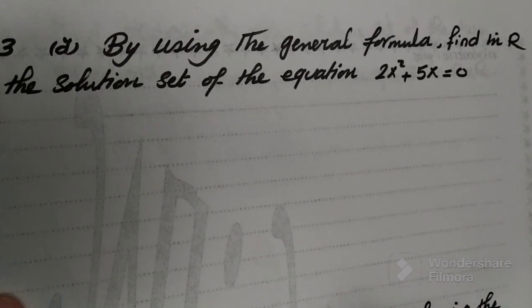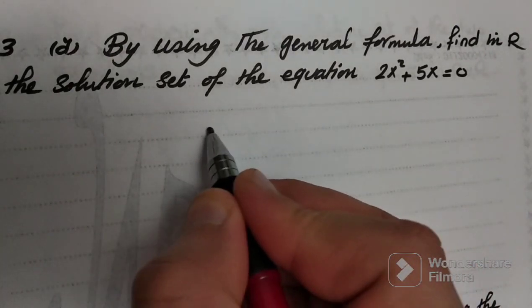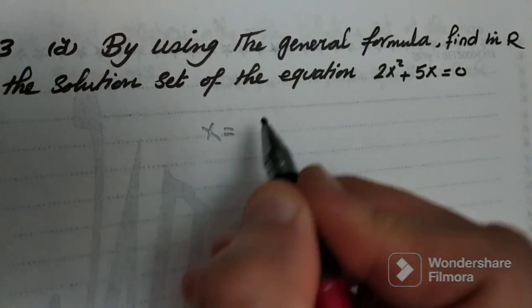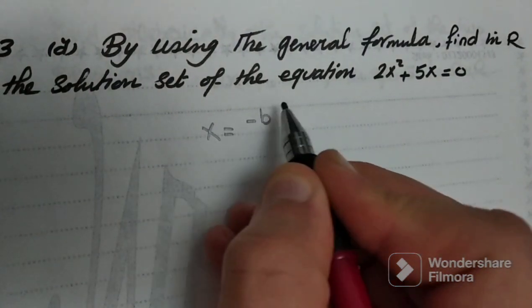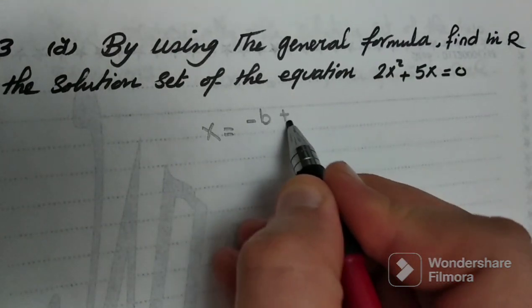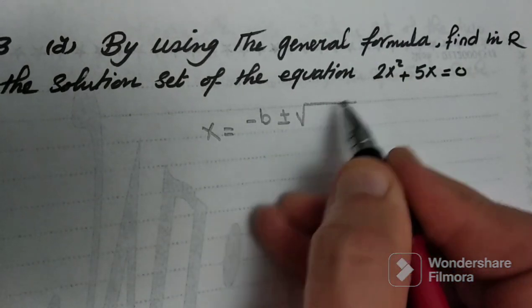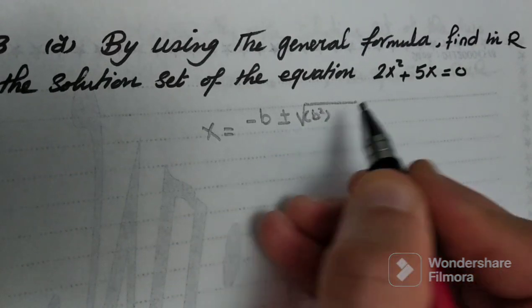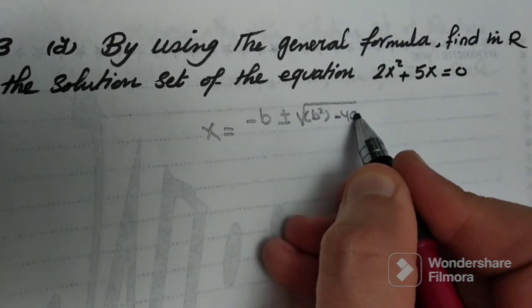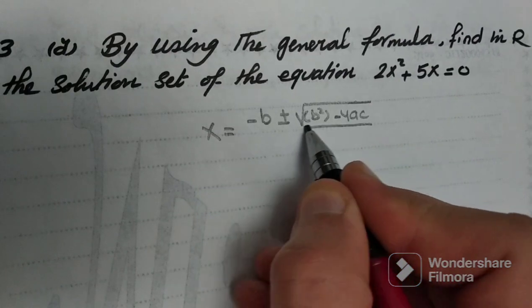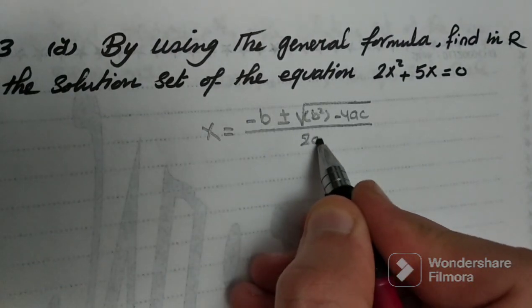Question 3. By using the general formula, find in R the solution set of the equation 2x squared plus 5x equals 0. The general formula: x equals negative b, positive or negative the square root of b power 2 minus 4ac, over 2a.